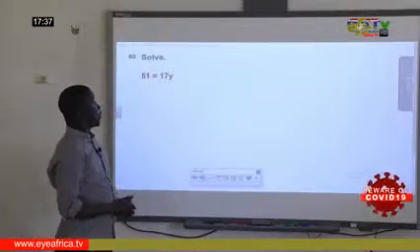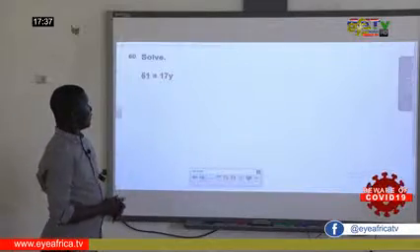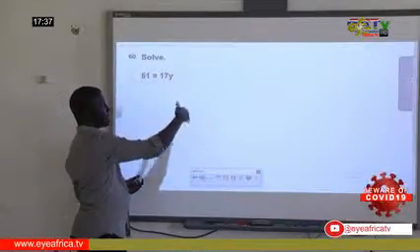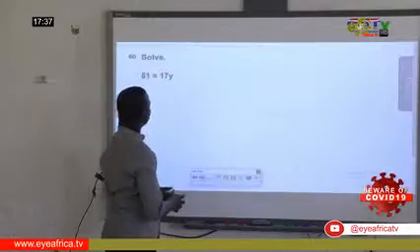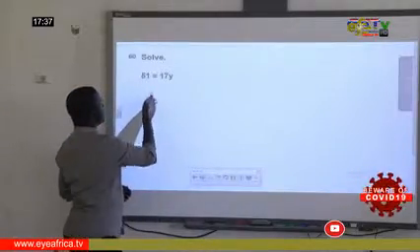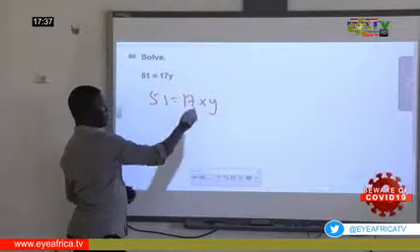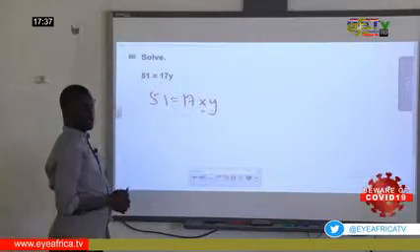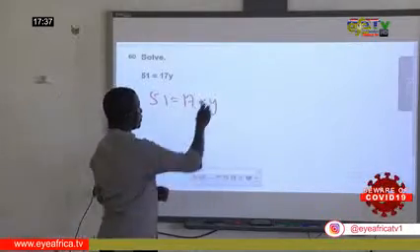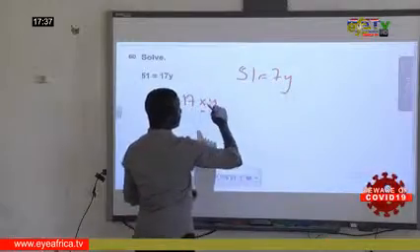Solve 51 equals 17y. As we said before, 17y means 17 times y. So this is the same as 51 equals 17 times y. The operation we have here is multiplication, and the inverse of that is division.